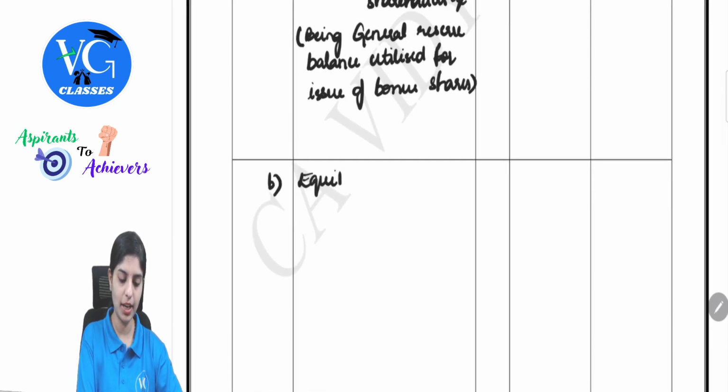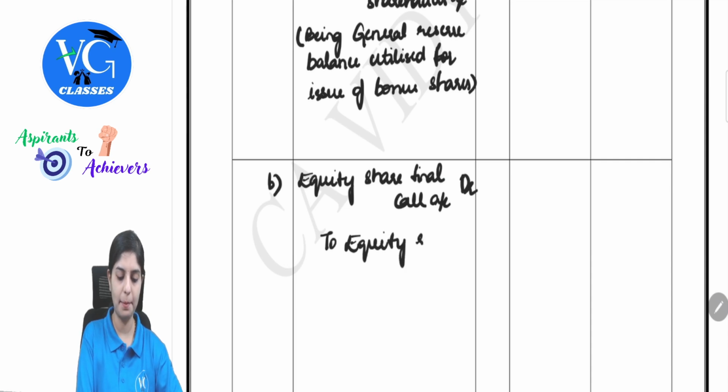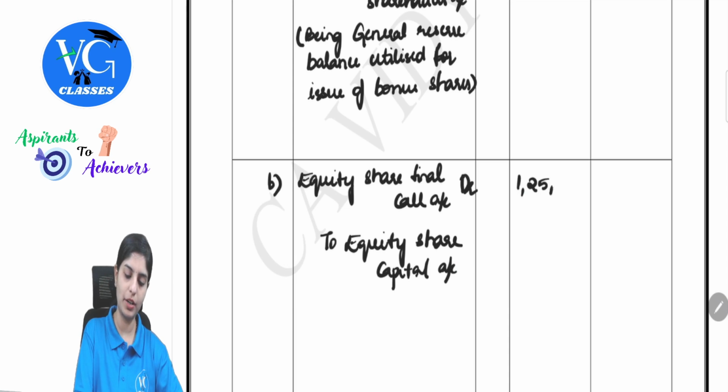So equity share final call account debit to equity share capital account. How much? Again, 1,25,000.